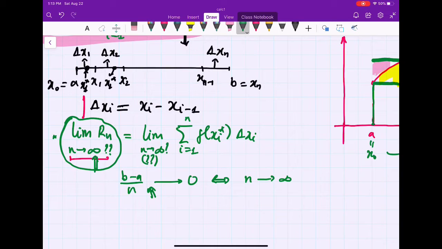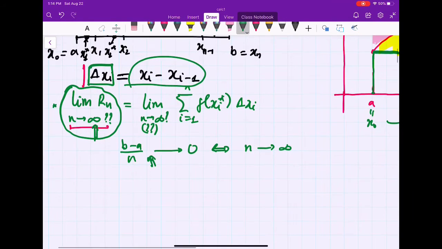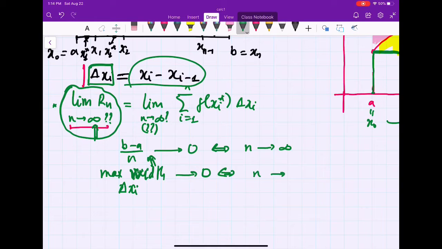But in this case, the width delta x is not the same, so probably we need to choose the maximum width in each partition, the maximum among the delta x. So if the maximum width approaches 0, then this is equivalent to the case n approaches infinity.